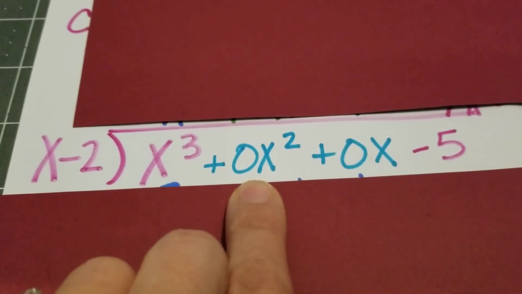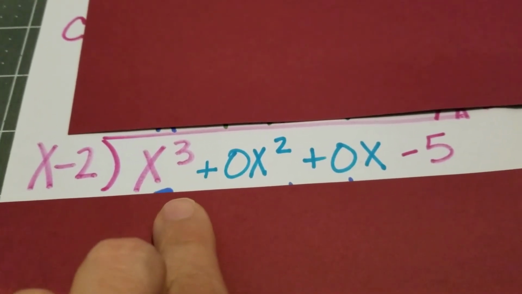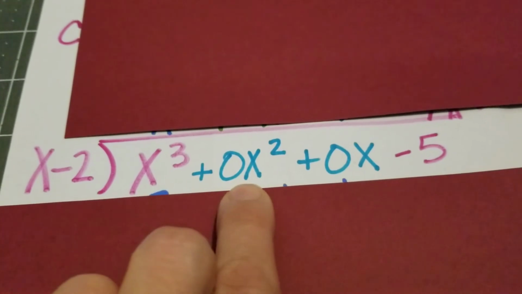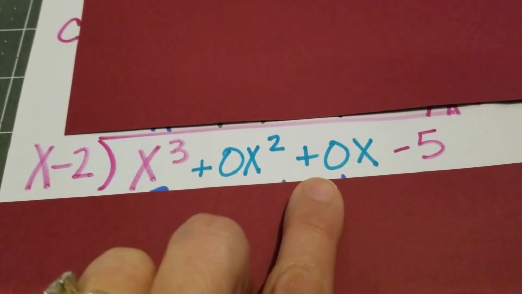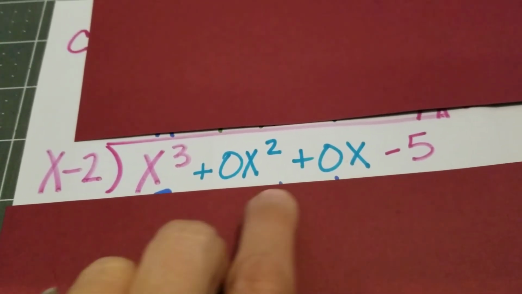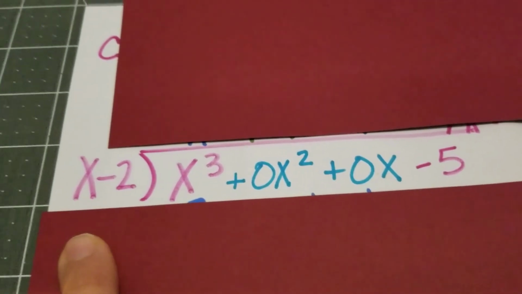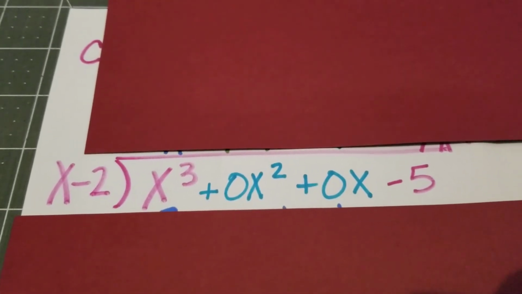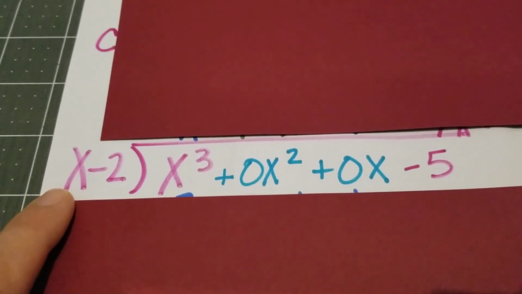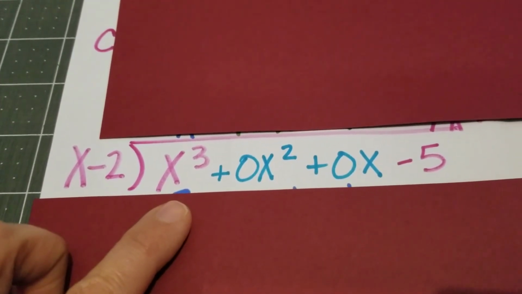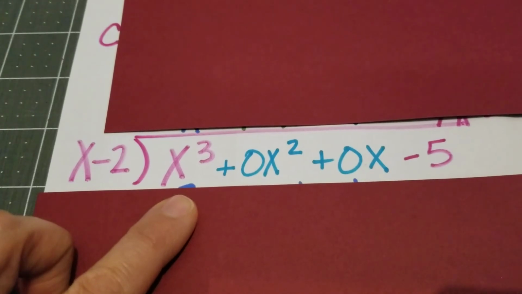And so what we're going to do is we're going to have x cubed minus 0x squared plus 0x minus 5 all divided by x minus 2, which was in the denominator, okay? So again, we think x goes into x cubed how many times, okay?